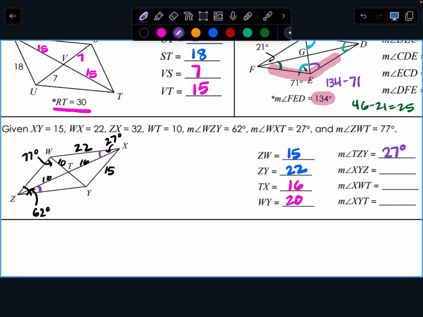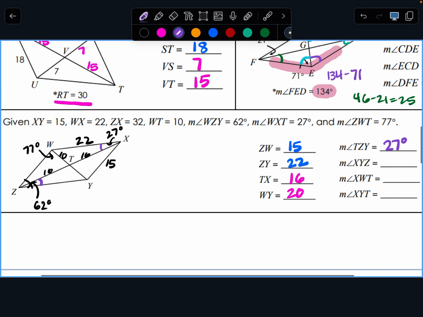XYZ. That one's going to take some calculating. XYZ is not 77, no. 118. How'd you find that? Well, we know that same side angles have to be 180. 180 minus 62.